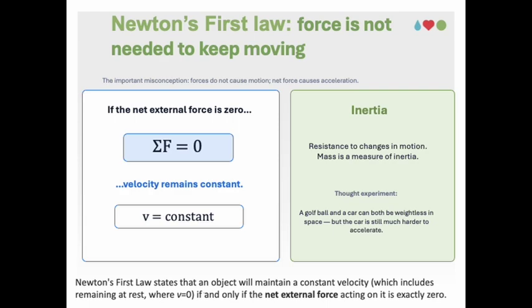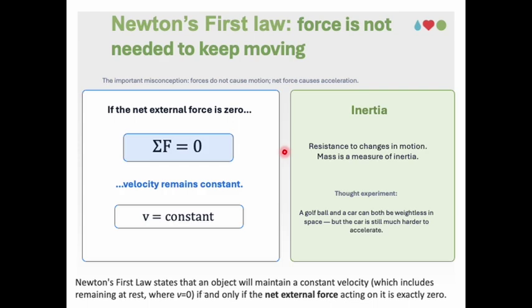Now let's talk about Newton's first law. Consider a hockey puck sliding on nearly frictionless ice. If we give the puck one push and then stop touching it, and if friction is zero, it would keep moving in a straight line at the same speed. A force is only needed when you want to change the velocity.